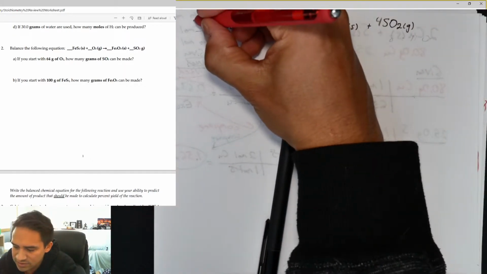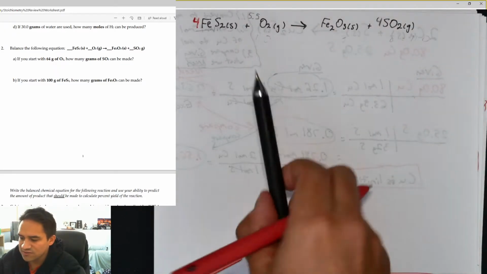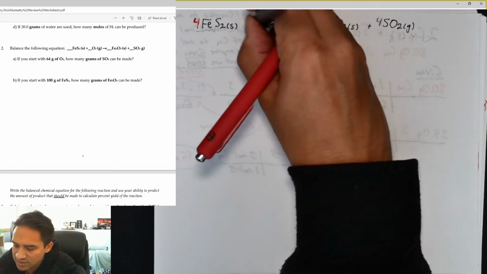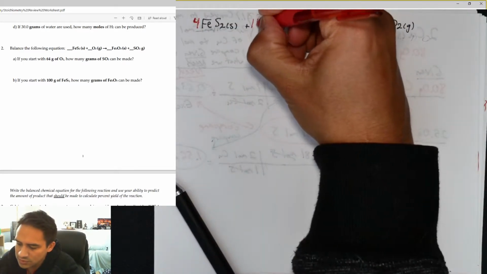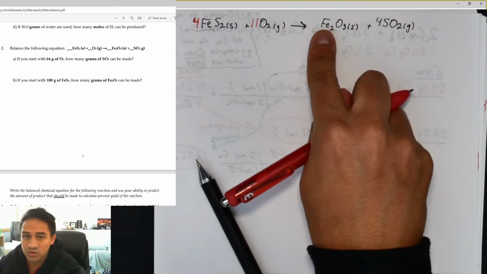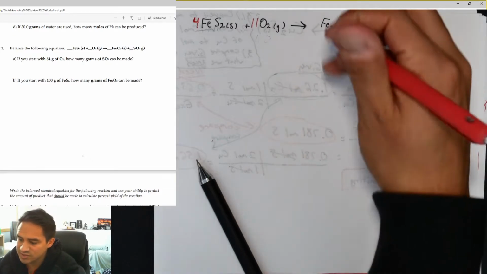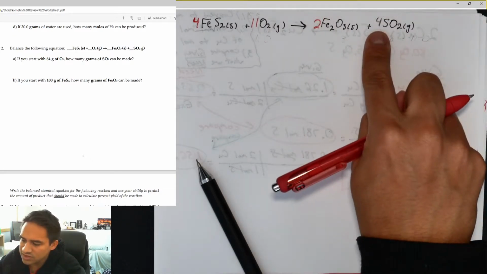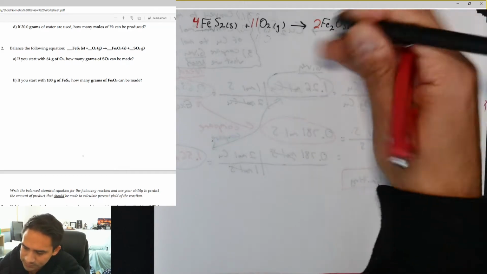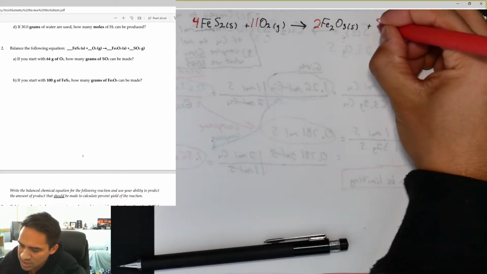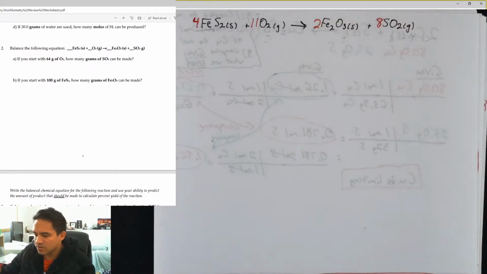The 5.5, if we double that, is going to become 11. This technically was a 1, but if we're doubling it, it's now going to be a 2. And this 4, if we double that, is going to become an 8. And then from there, we have a fully balanced equation.